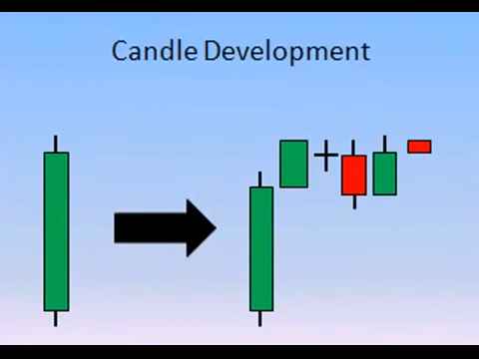For example, let's compare 3 different scenarios that could lead to this same large bullish candle you see on the left. In this example, the first one that we've already looked at, the bullish candle was produced by a single bullish push from the open up to the highs, which then stalled at some fairly solid upper resistance.